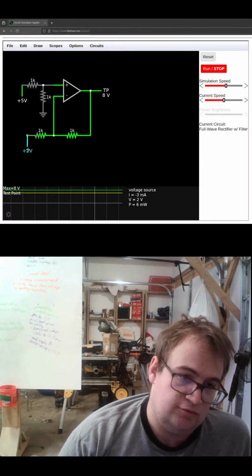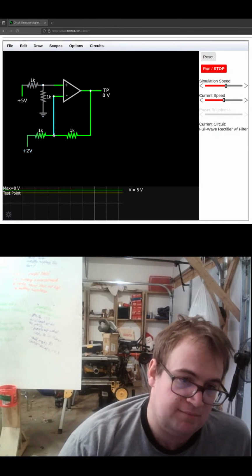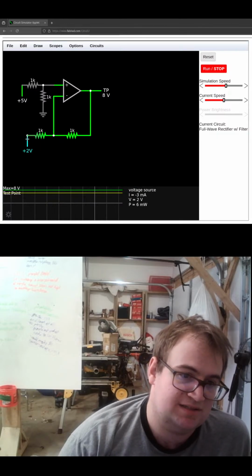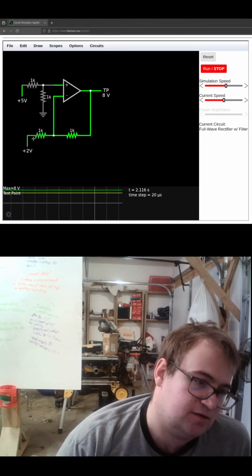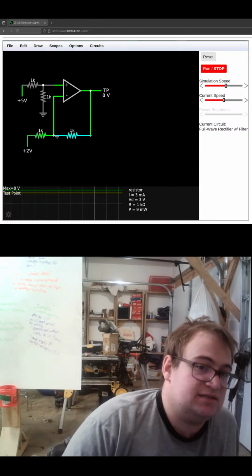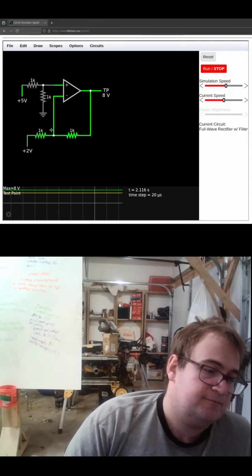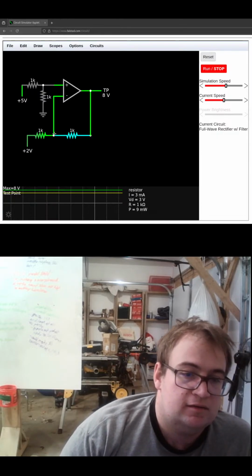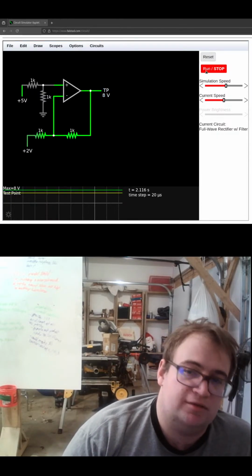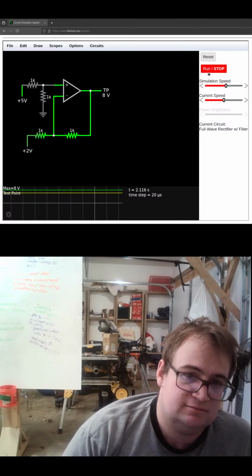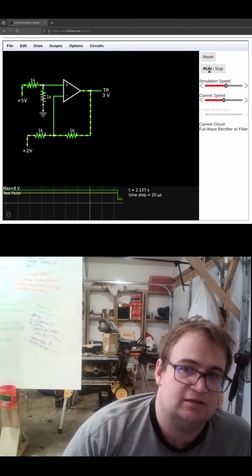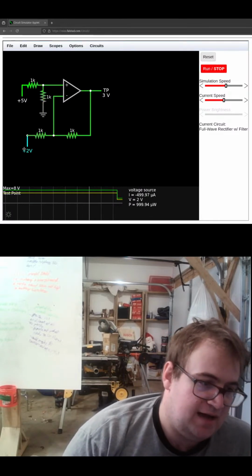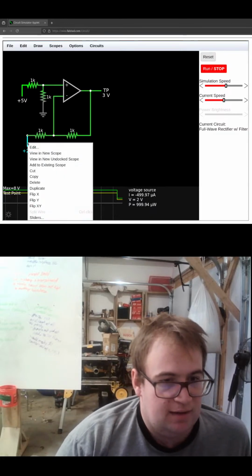We still have 2 volts here. That means this will want 2.5 volts. That means half a volt is burnt across here. So half a milliamp is going to be going through. So that's half a volt here. So this will be outputting 3 volts. Right? Let's see. Okay, good. We are correct.